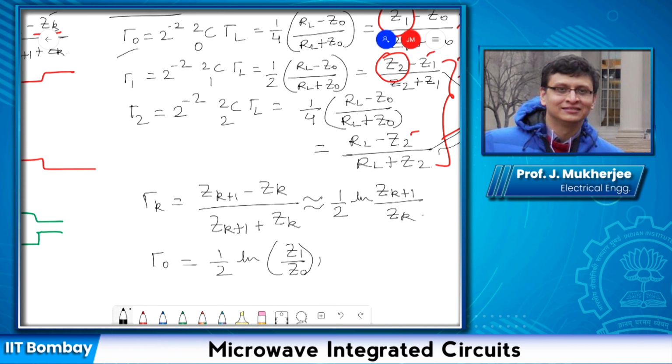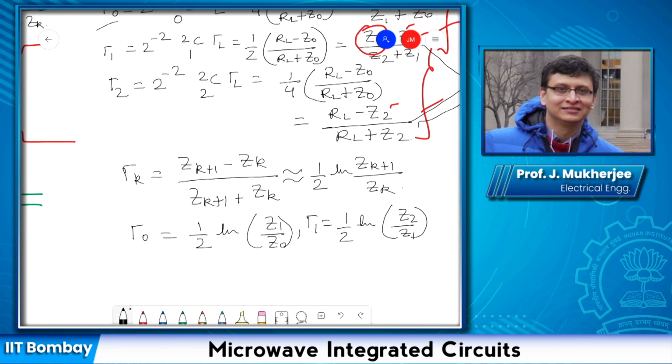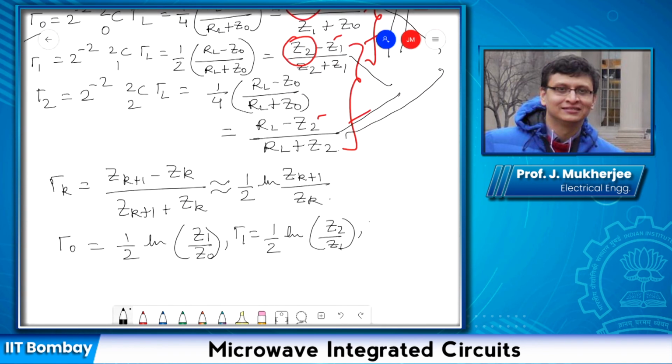Gamma 1 becomes equal to half ln Z2 upon Z1, and gamma 2 becomes half ln Z3 over Z2, and finally gamma L becomes half ln RL over Z0.